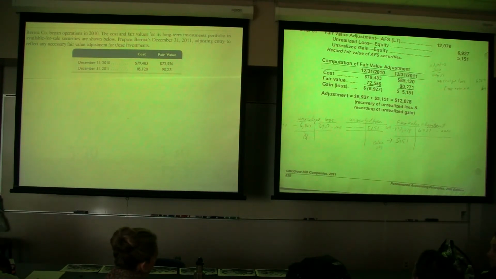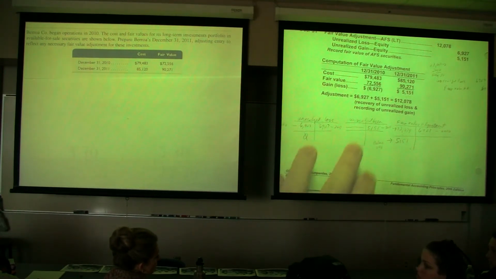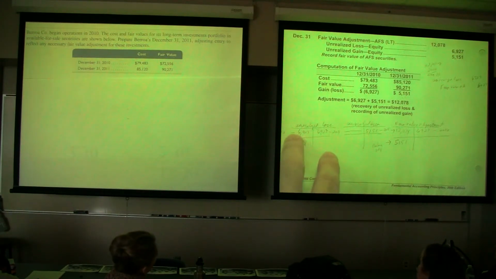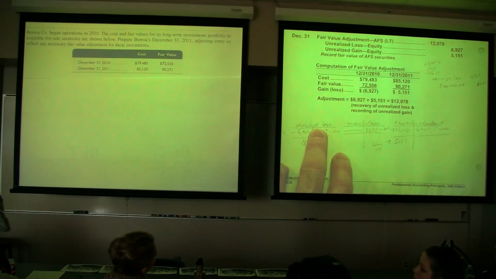I just don't get it. You've got loss and gain, and they're both credited. Usually it's one or the other, not together. It just doesn't make sense to me. Well, let me point this out. They could have had one account named unrealized loss/gain, right?